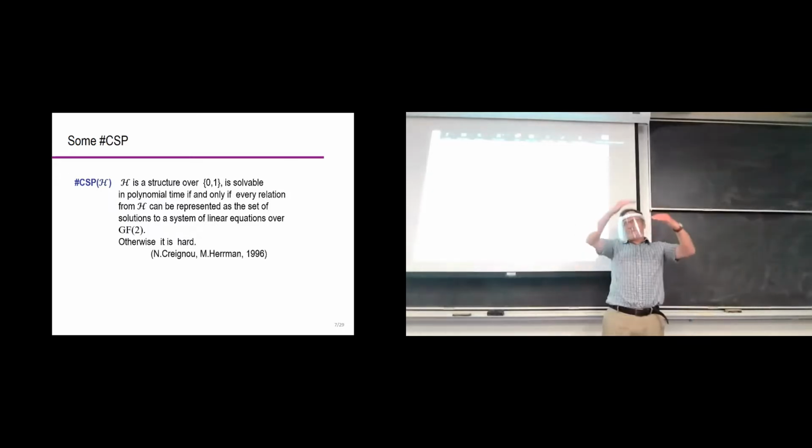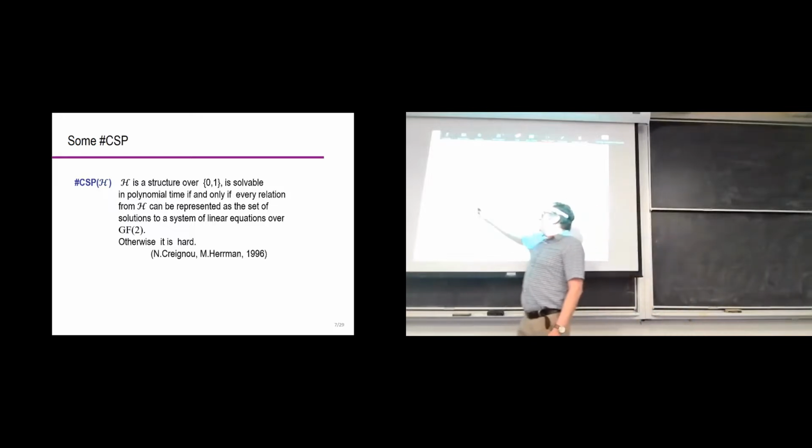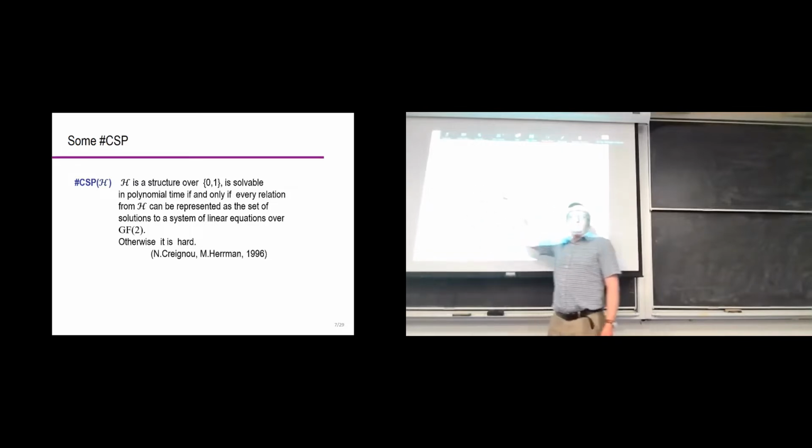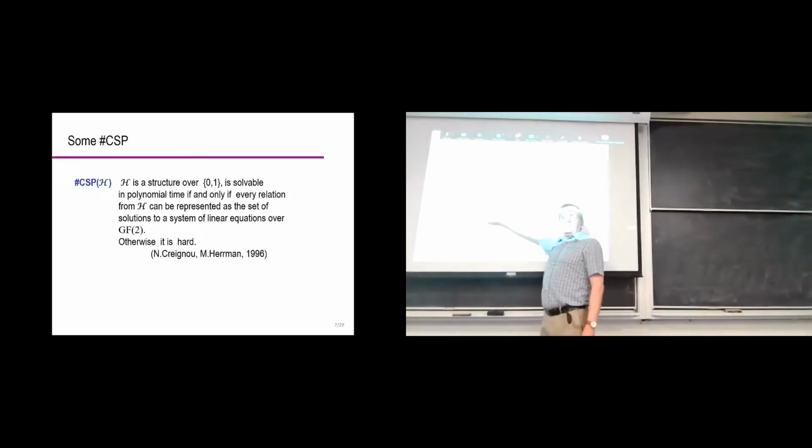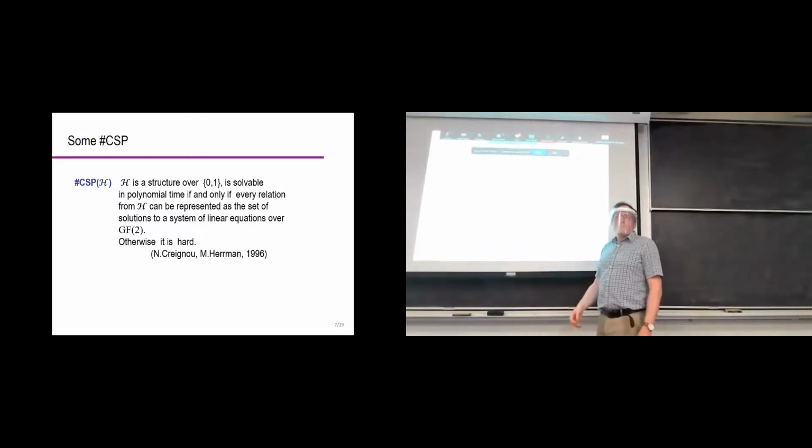I can take some basis vectors, and any linear combination will do. So the number of solutions would be the size of the field to the power of d. Just from linear algebra, I can easily count how many solutions a system of linear equations has. That's really easy. And the surprising thing is that in all other cases, it's hard.